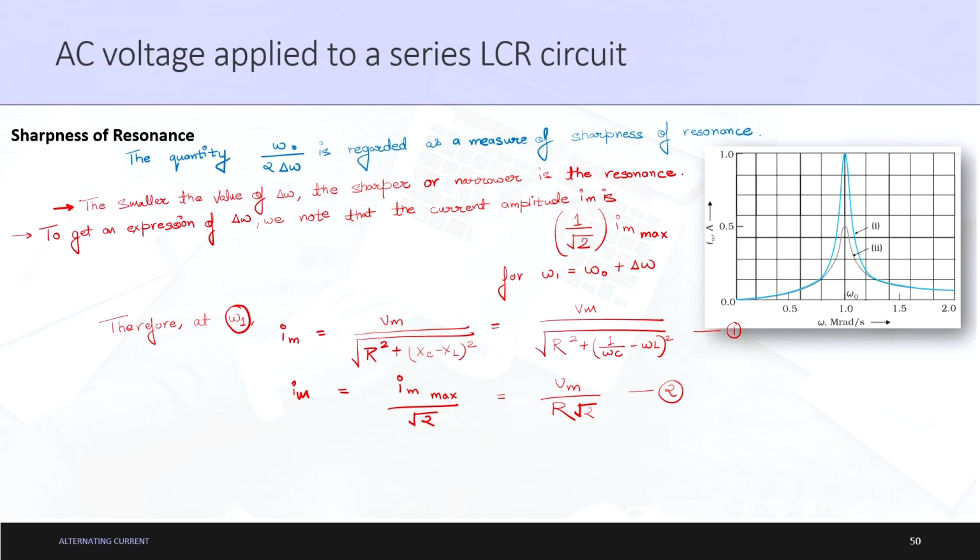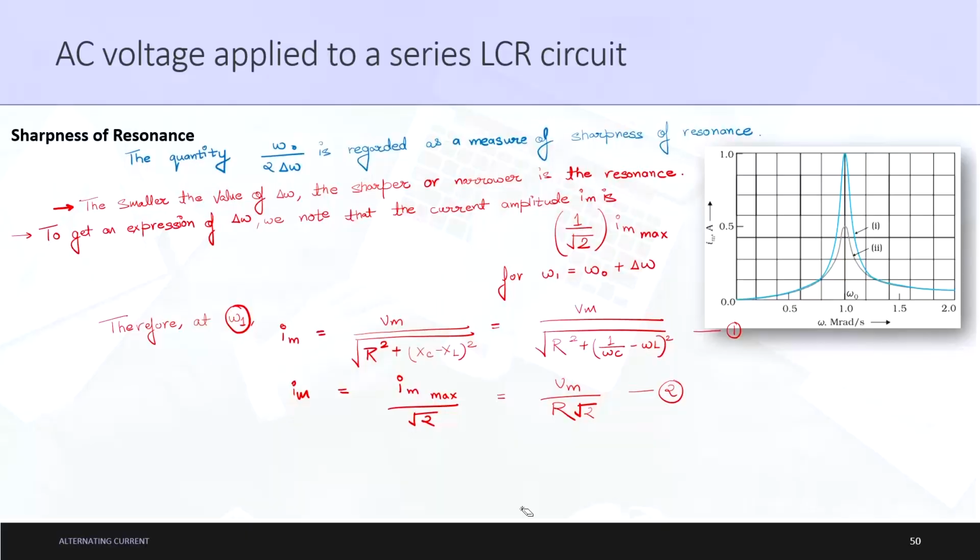Okay. Then we did a little derivation. This derivation was basically required to calculate the value of delta omega in terms of the series devices, or basically RLC. First thing was we know what happens at omega 1. At omega 1 there will be a value of current. That value of current will have an amplitude equal to Vm upon capital Z. That value of capital Z will be equal to root over R square plus Xc minus XL whole square.